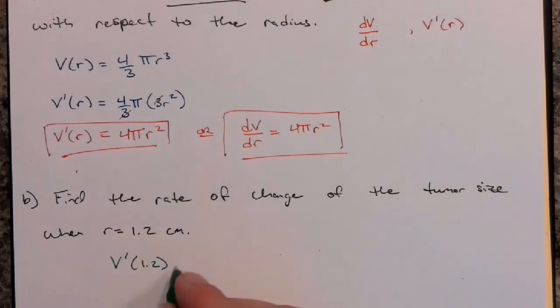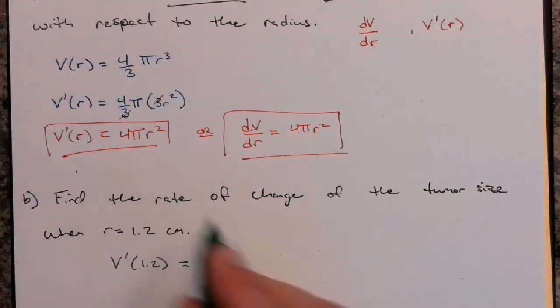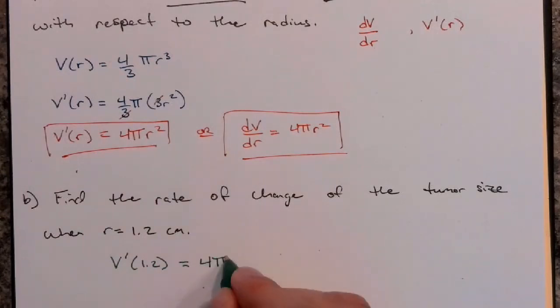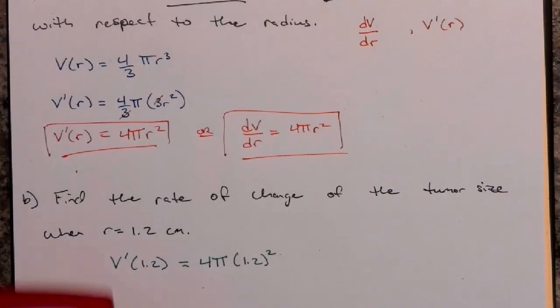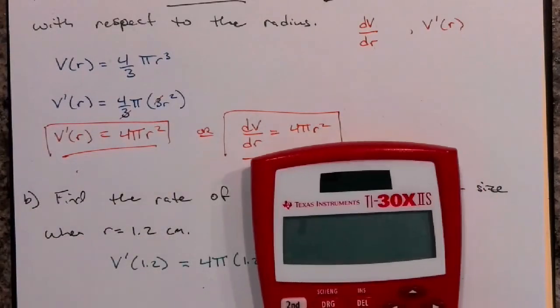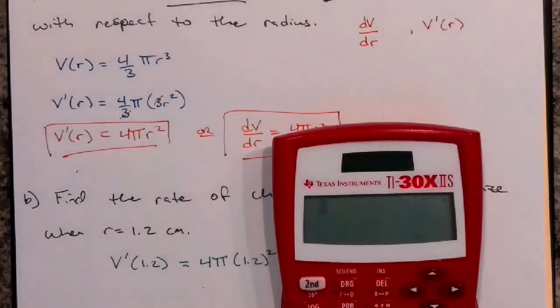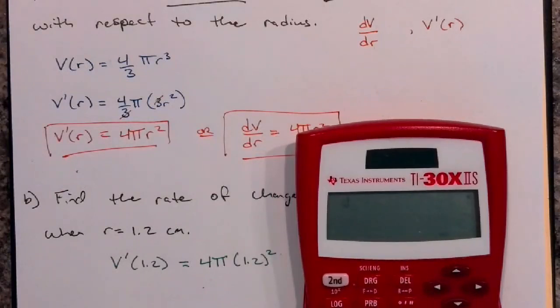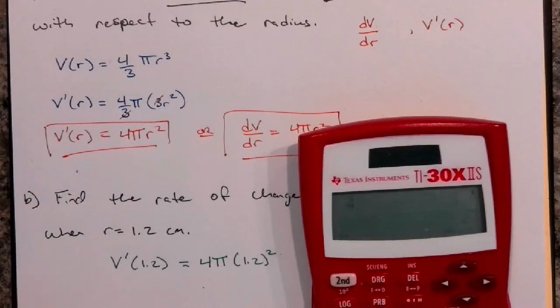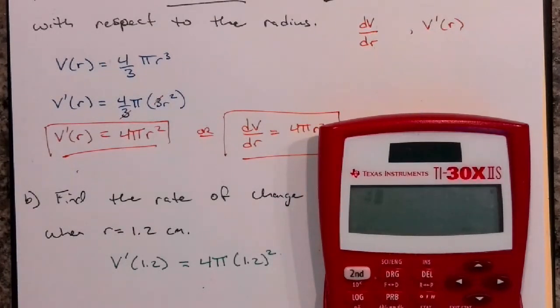So v prime of 1.2 is equal to, subbing in, 4 times pi times 1.2, the quantity squared. And you can multiply this out on your calculator. So this would be an exact value if I did 4 times just that.